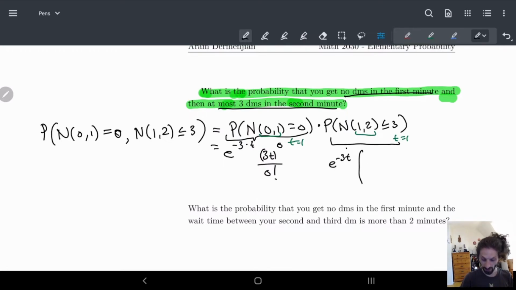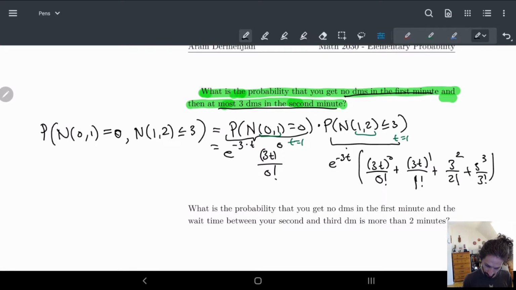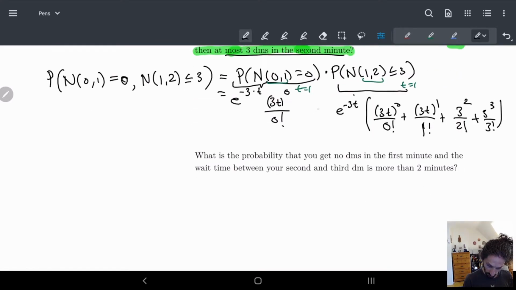And then we have to sum up from 0 to 3. So we get 3t to the 0 over 0 factorial plus 3t to the 1 over 1 factorial plus 3 squared over 2 factorial plus 3 cubed over 3 factorial, with t equal to 1. And we multiply these together.